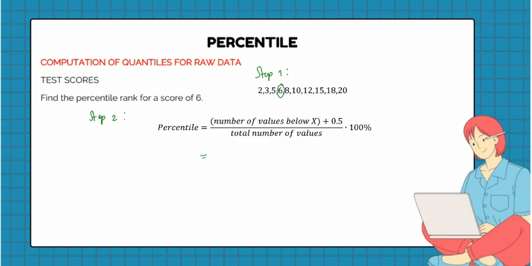So for the number of values below x, our x is 6. As you can see, the number of values below 6 is just 1, 2, 3. So therefore, that's going to be 3 there.